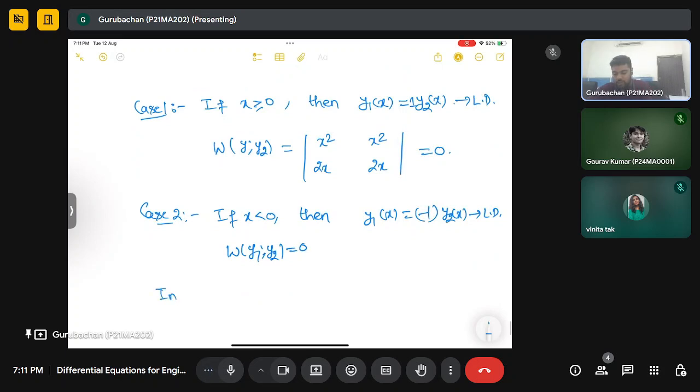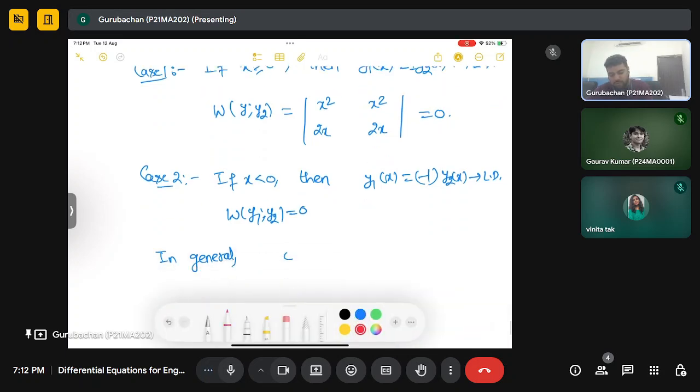But can you comment in general? Since there are two functions, we can see the existence of a non-zero constant k such that y1(x) can be the multiple of k times y2(x) to show the linear dependency. So this is my question.